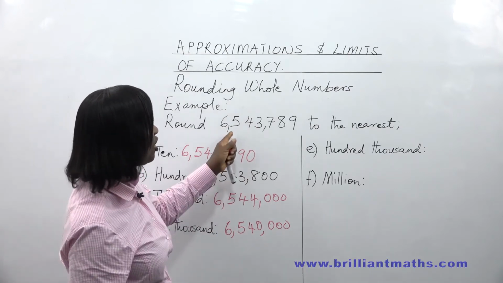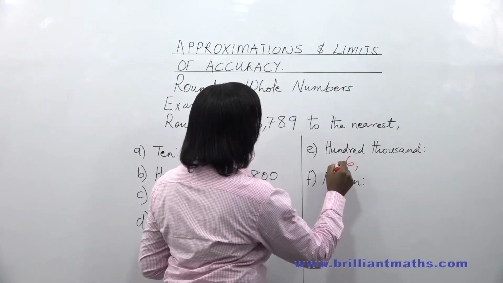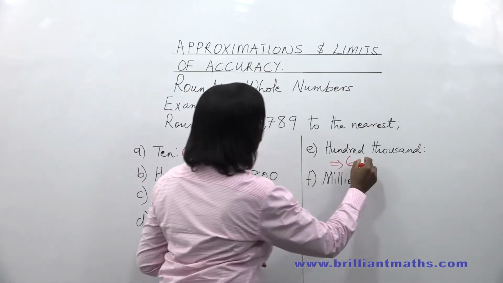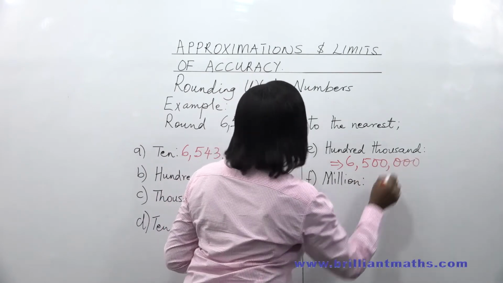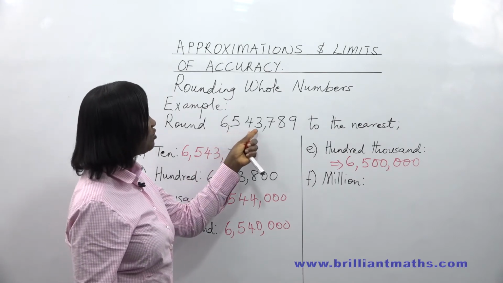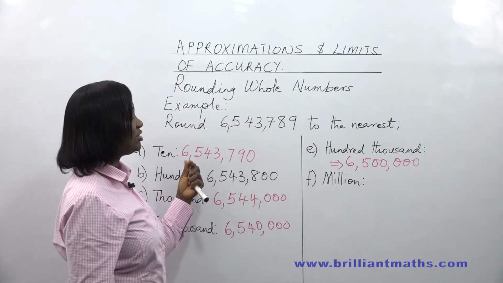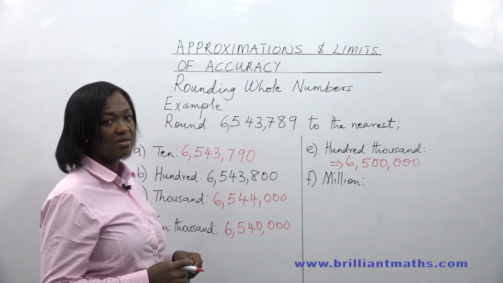So to the nearest 100,000, it becomes 6,500,000. And as you can see, 543,000 is closer to 500,000 than to 600,000, if you put it in that scale.